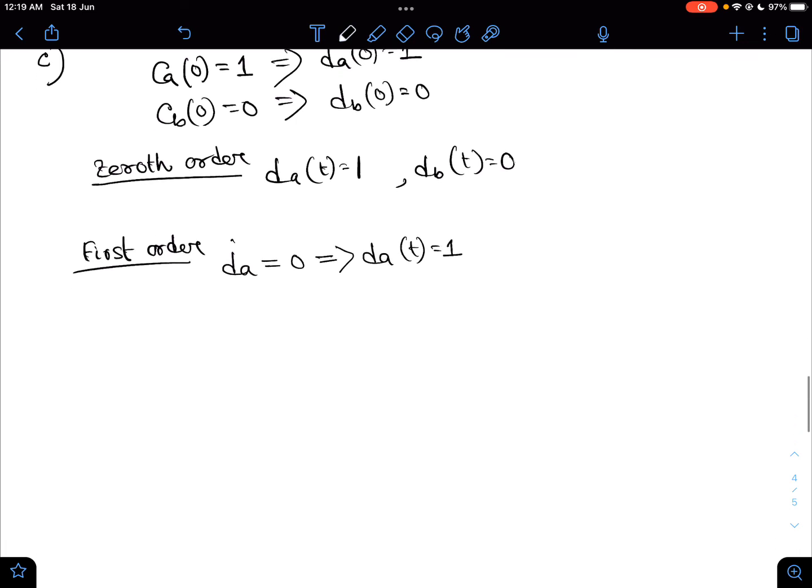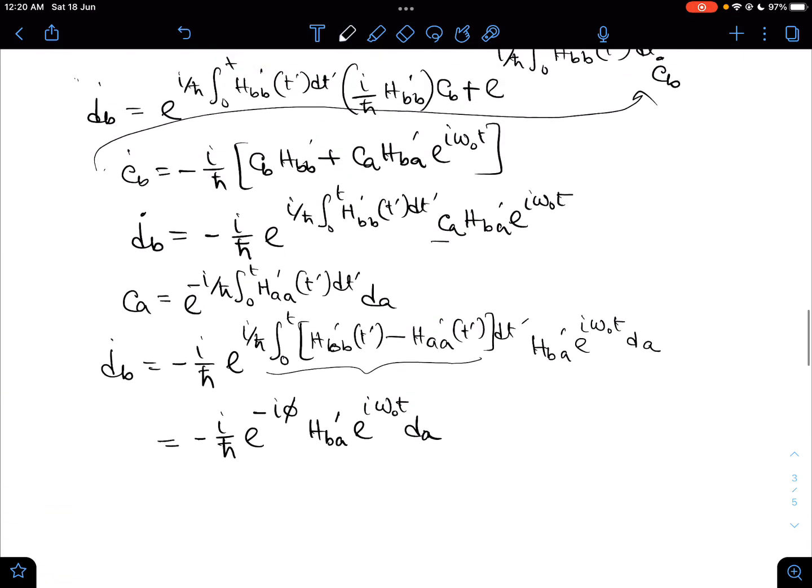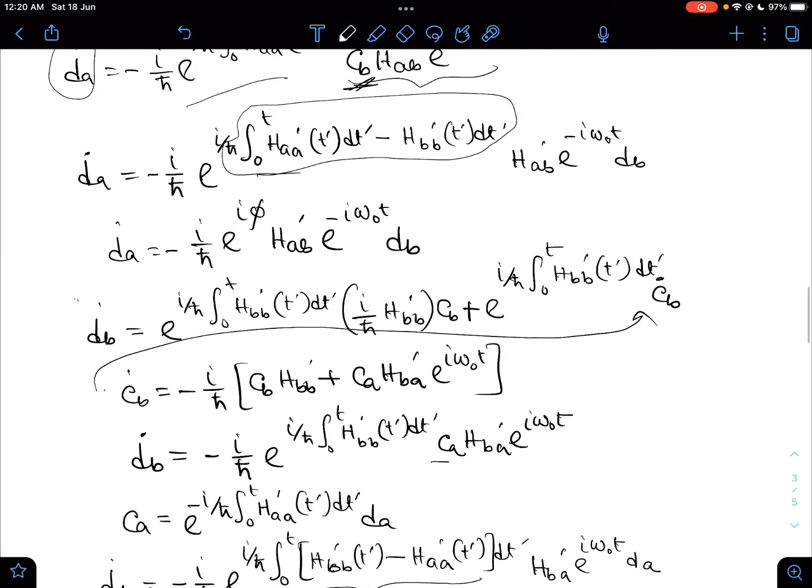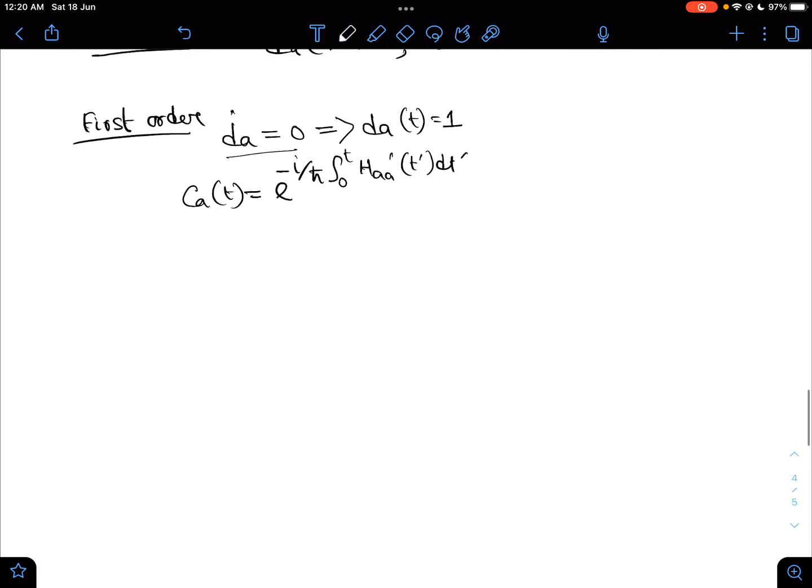And since d_a(t) is 1, what will be our c_a? Our c_a(t) will be e^(-i/ħ integral from 0 to t of H_a'(t') dt'). How can we say this dA prime to be 0? Because dA prime we have in this form. So dA prime is given by this, and since this is 0, we will have our dA prime to be 0 in first order.